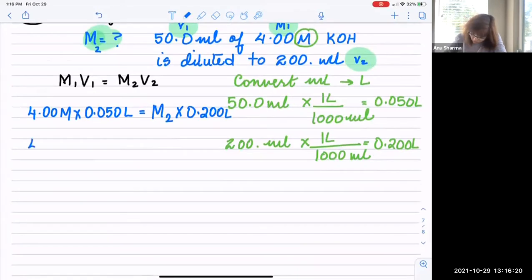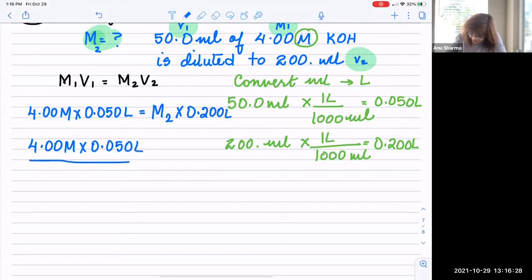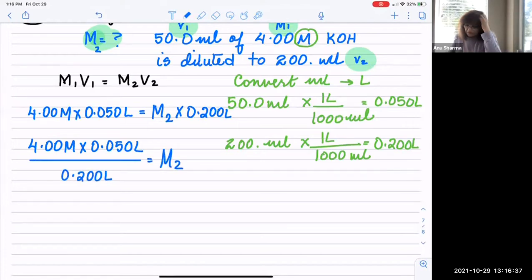So 4.00 molar times 0.050 liters, divided by 0.200 liters, is equal to M2. Let me bring this whole thing here.